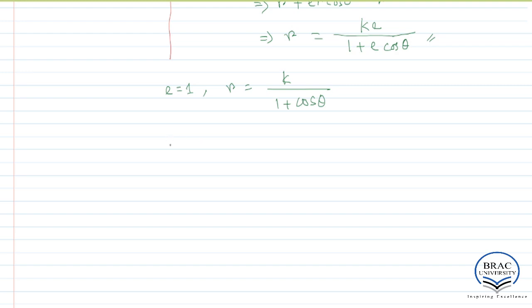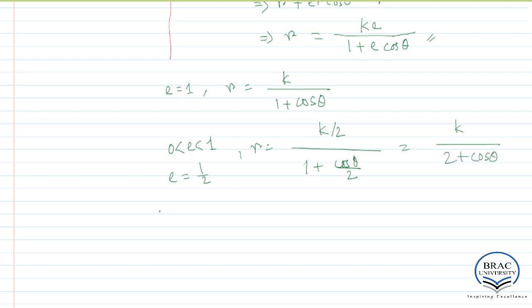For an ellipse the eccentricity is greater than 0 and less than 1, so we can take any value between 0 and 1, say half. For half this equation becomes r equals K divided by 2 over 1 plus cosine of theta divided by 2, which finally gives us K divided by 2 plus cosine of theta.